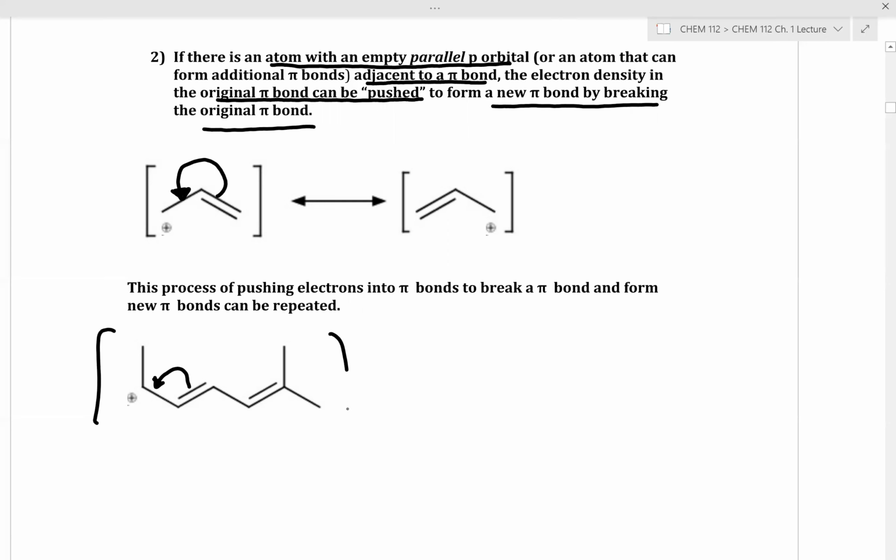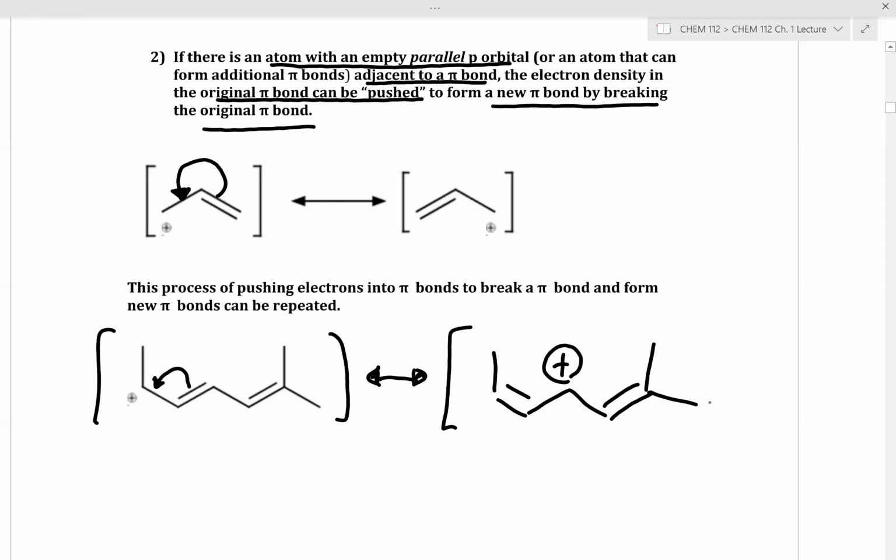So then let's draw using my double-headed arrow. We now have a cation on this carbon, and this allylic cation, or this cation adjacent to a double bond, can participate and engage in further resonance delocalization, right?